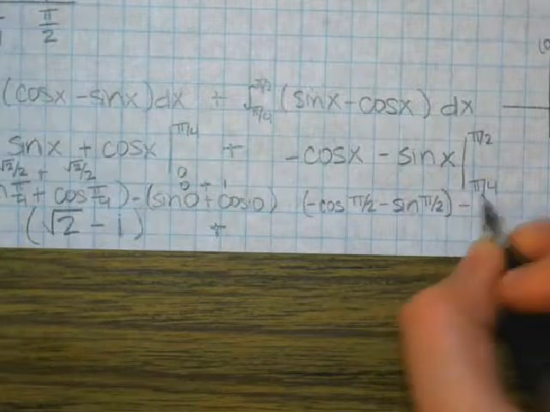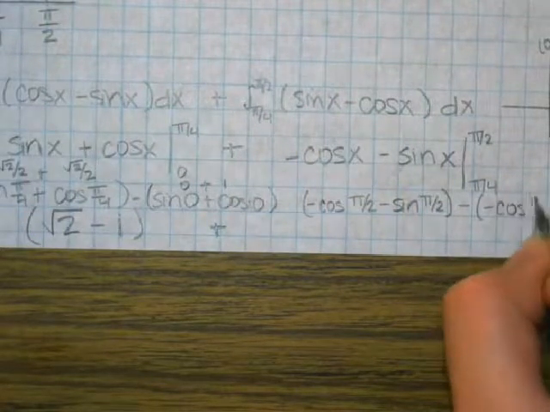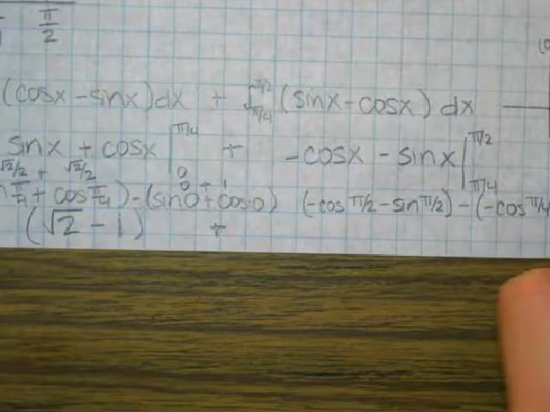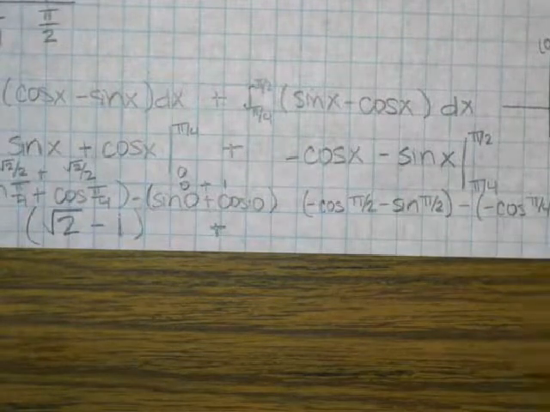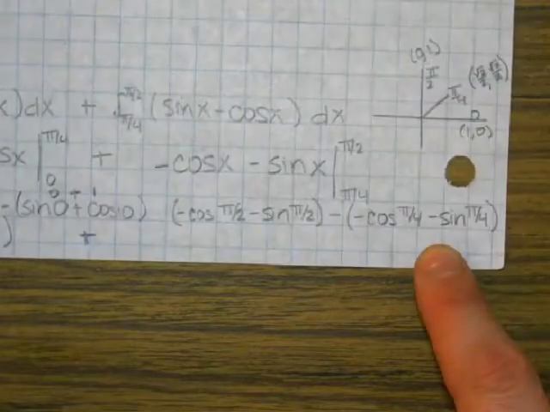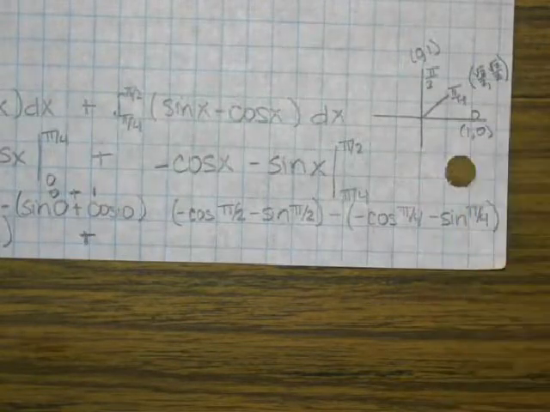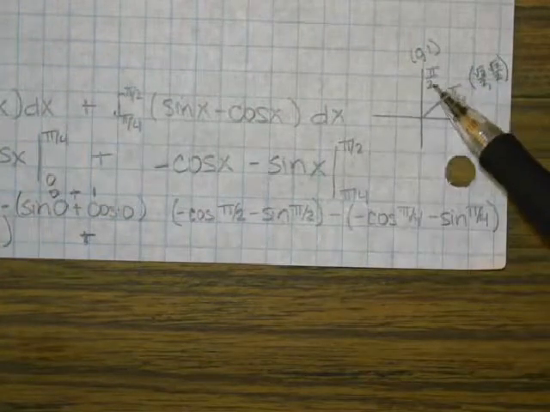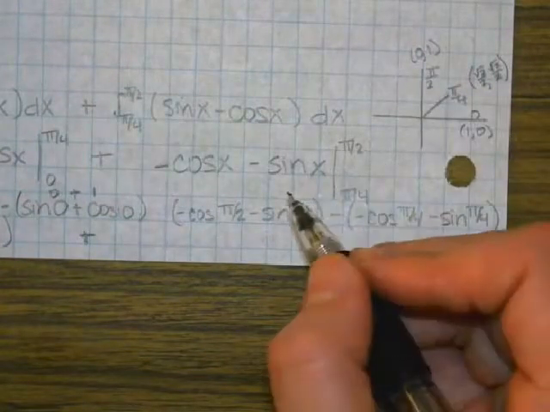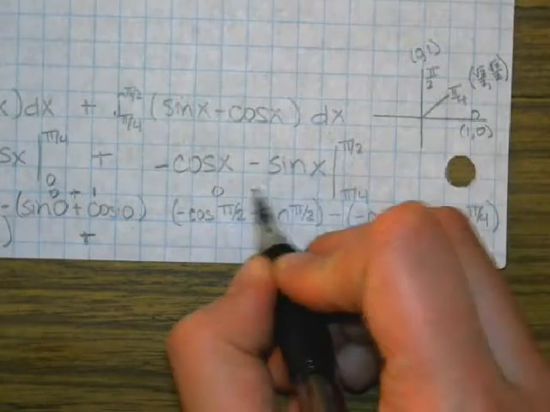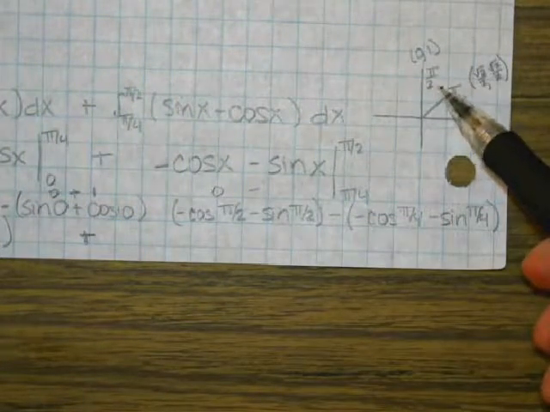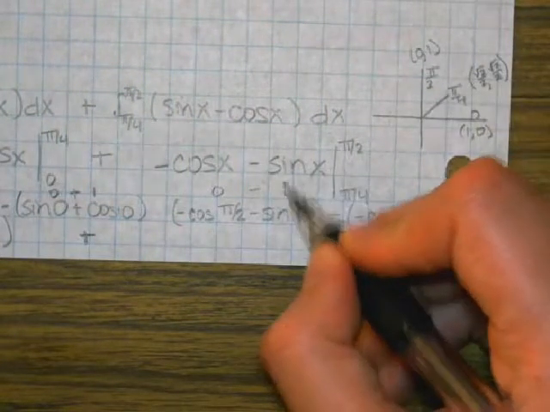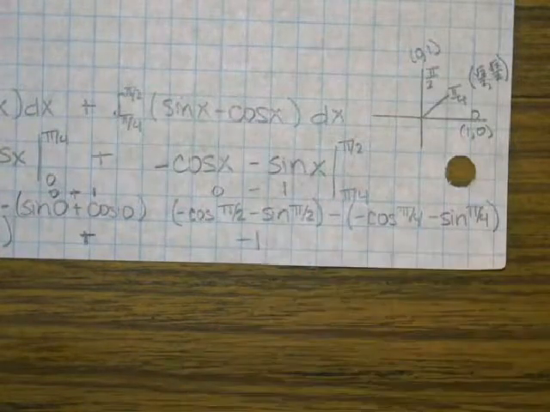And we're going to minus negative cos of pi fourths minus sine of pi fourths. The values come from seeing where it's at on the unit circle. So negative cos of pi halves would be 0. And now we're going to minus sine of pi halves, which is 1. So that gives us negative 1.